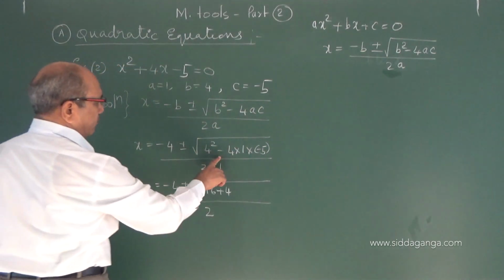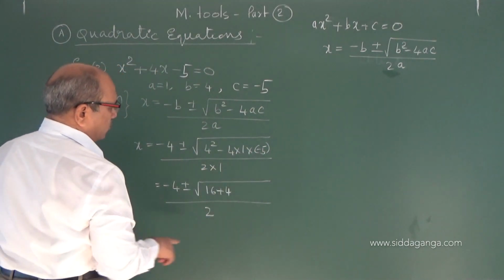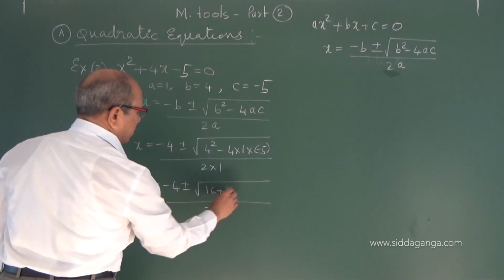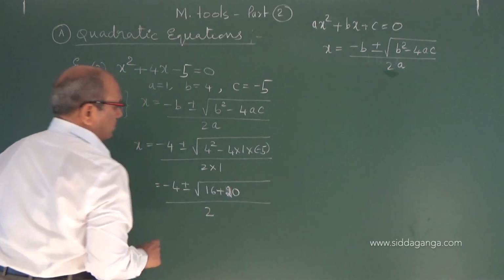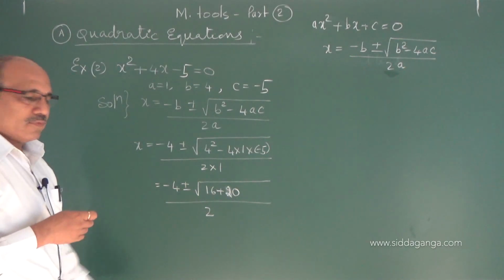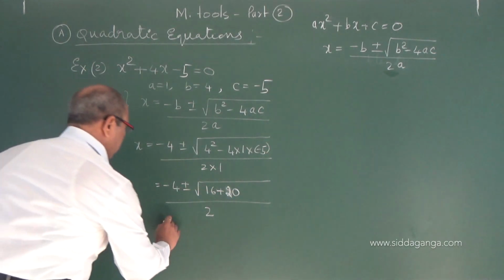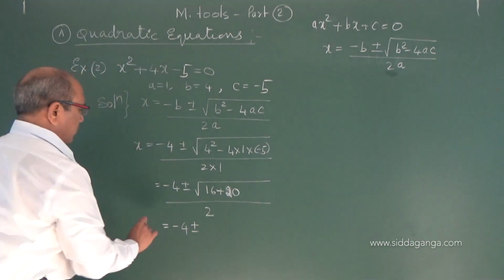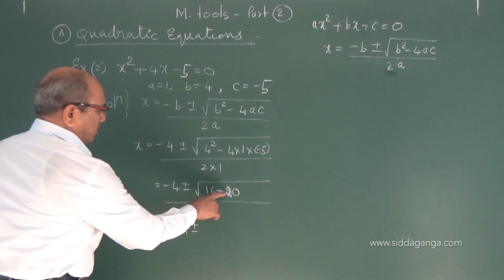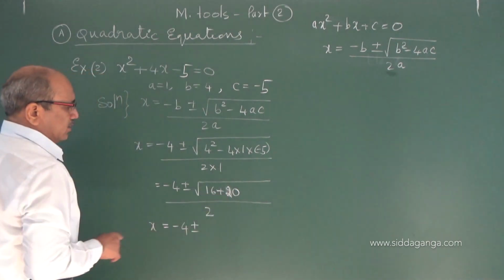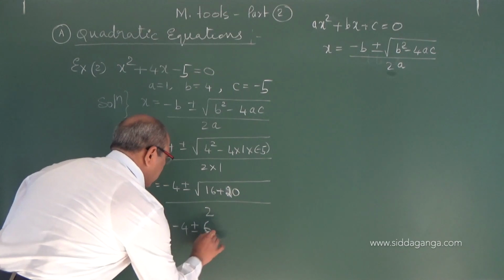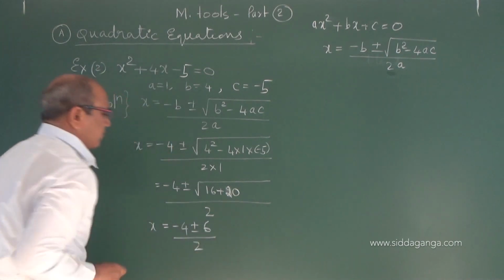This becomes 5 fours, which is 20, and 20 plus 16 becomes 36. So x = (−4 ± √36) / 2. 16 plus 20 is 36, and the root of 36 is 6, divided by 2.